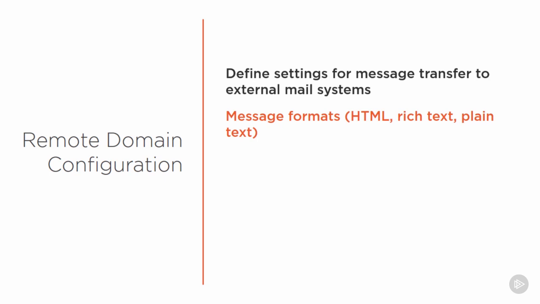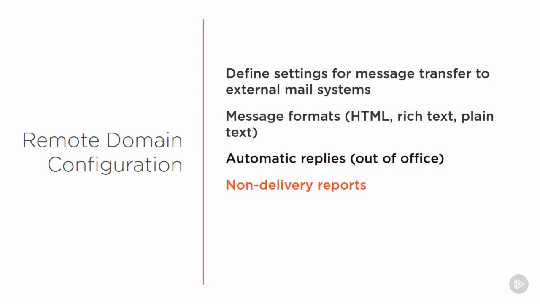Then you can configure a remote domain entry for that domain, and Exchange will convert all outbound messages to that domain into plain text. Remote domain configuration can also control automatic replies, such as out-of-office replies and non-delivery reports. You can even control whether those NDRs are sent with or without diagnostic information.